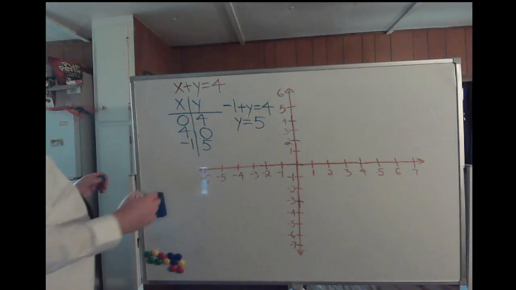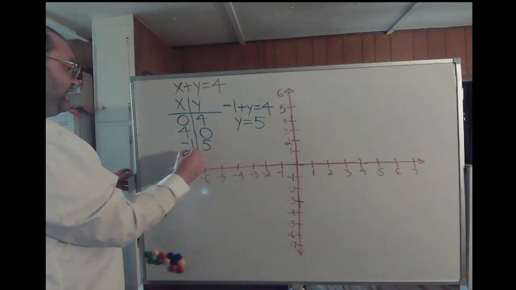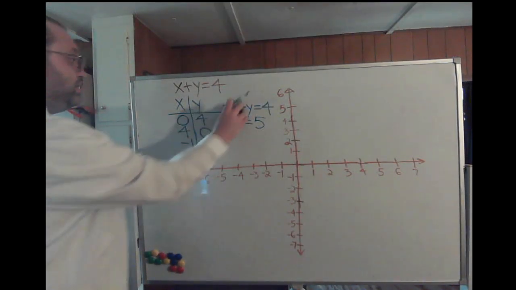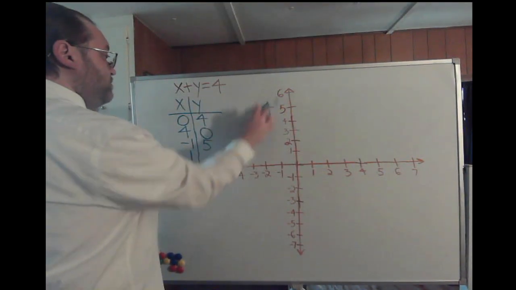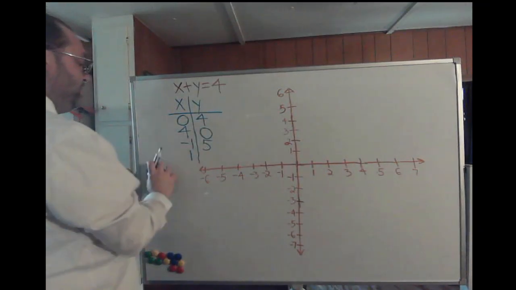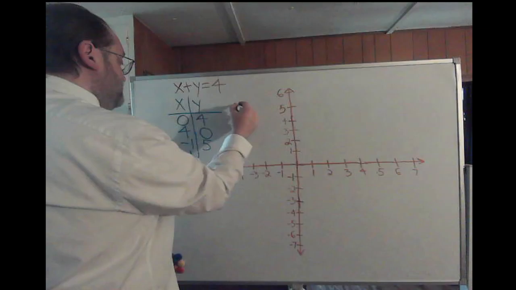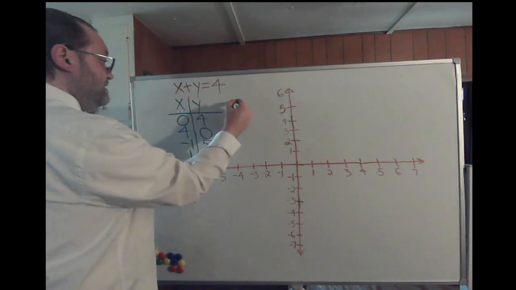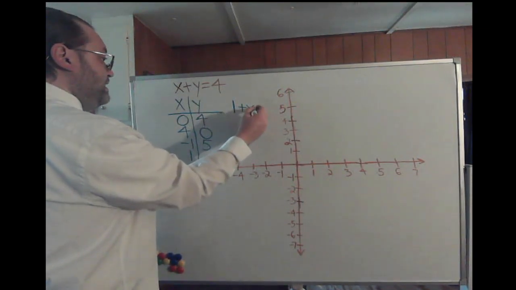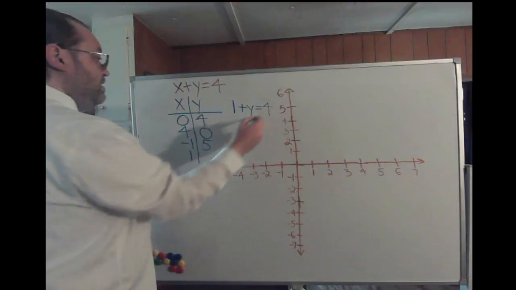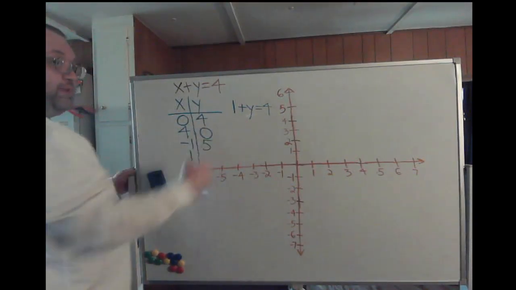And then we'll pick +1 for x this time. So we'll substitute 1 in for x. So you have 1 plus y equals 4. And then you want to get y by itself, right?